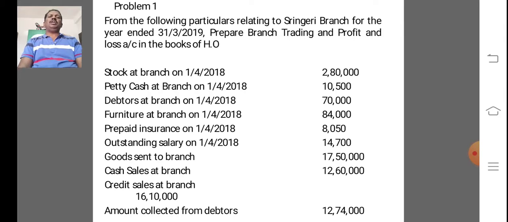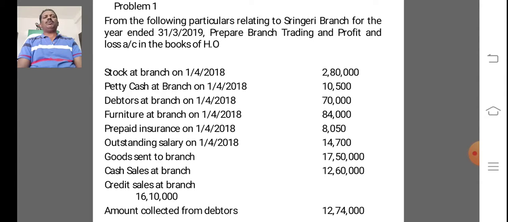Stock at branch on 1/4/2018 rupees 2,80,000. Petty cash at branch on 1/4/2018 10,500. Debtors at branch on 1/4/2018 70,000. Furniture at branch on 1/4/2018 84,000.